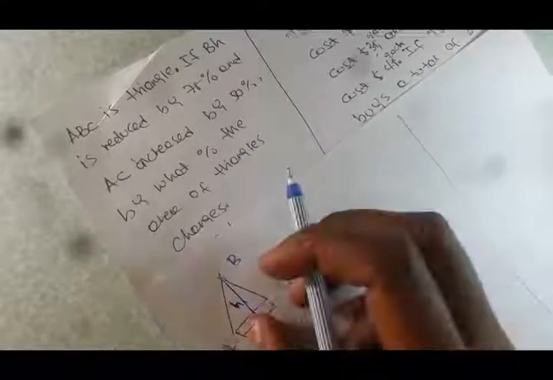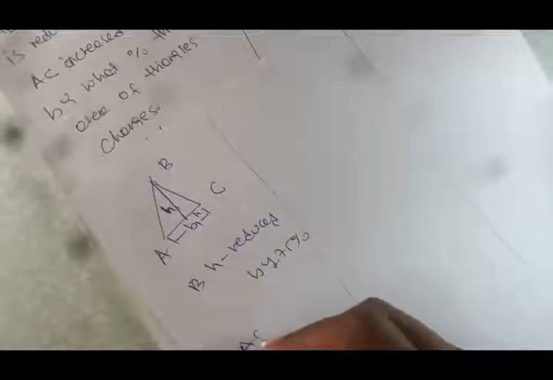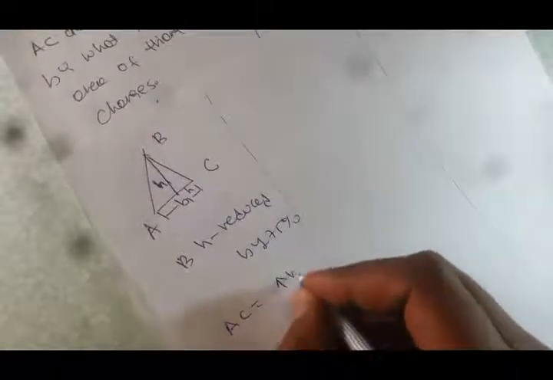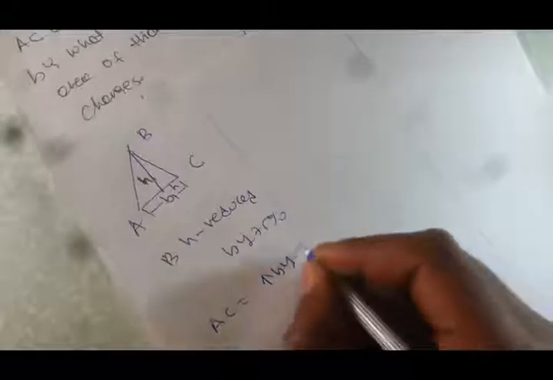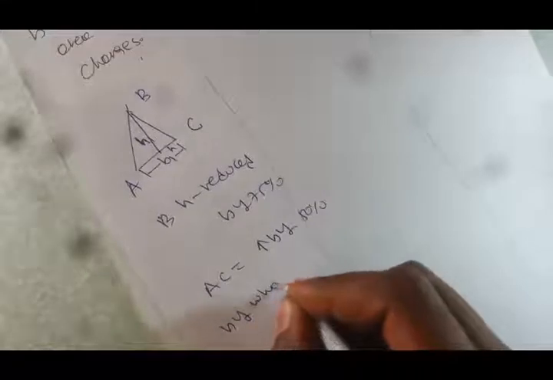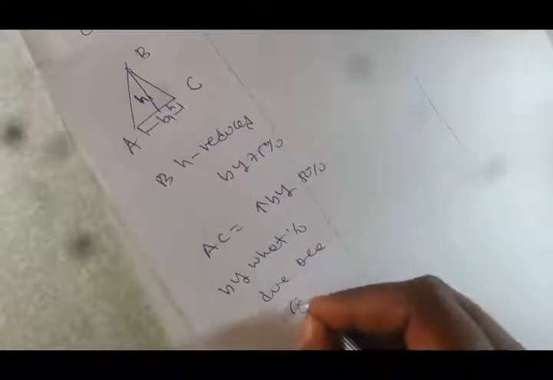ABC is a triangle, and if BH, let's say this H, is reduced by 75% and AC is increased by 50%, by what percent does the area change?